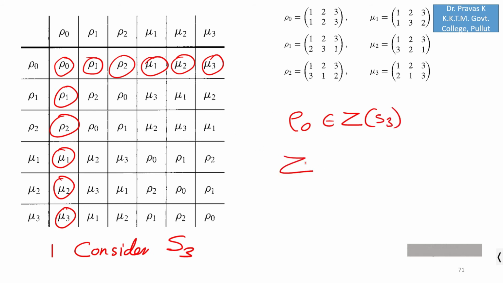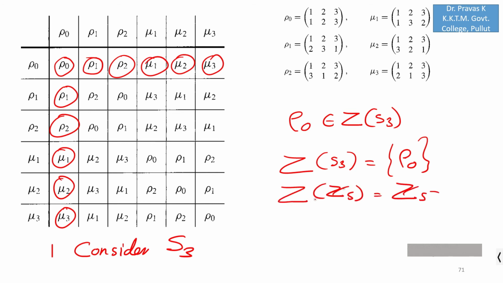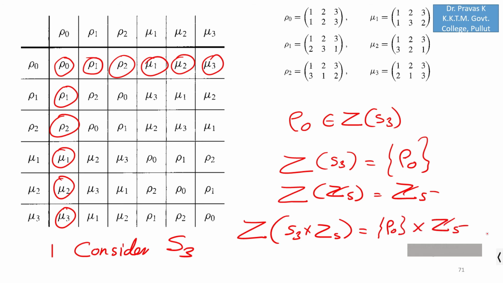Now you can see that there are no other elements satisfying this property, and hence the center of S3 is rho naught only, the identity element only. Now since the center of the abelian group Z5 is Z5 itself, you can calculate the center of S3 cross Z5 as rho naught cross Z5. Now this is an introduction to the center of a group.